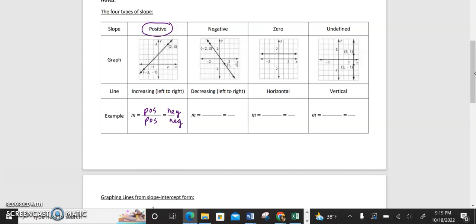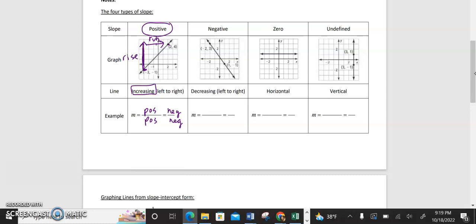Either way, when we move from one point to the other, we're going up and to the right. Again, this is our rise, and this is our run. This line is increasing because as the x's get bigger, the y's get bigger. As our independent variable gets bigger, like the more hours you work, the more money you make, that would have a positive slope.